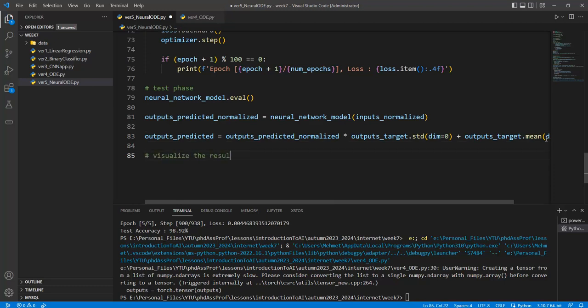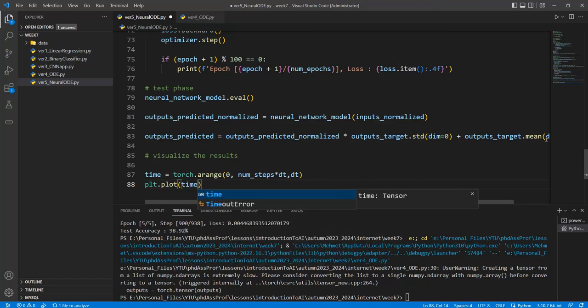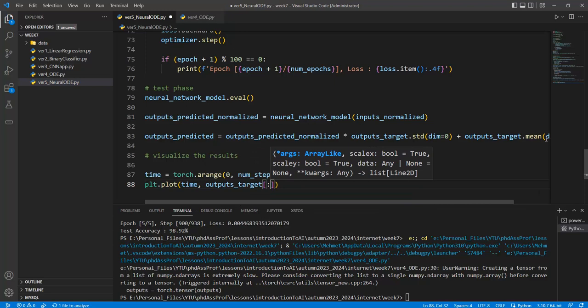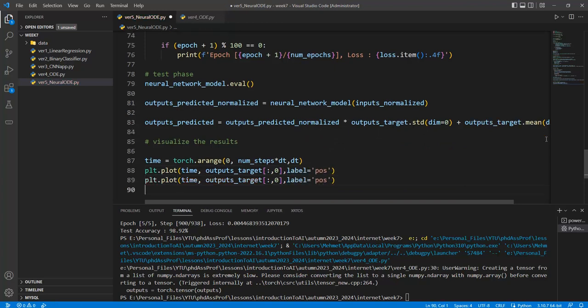So visualize the results. The time is equal to torch arange in here 0 to num steps times dt. Okay, and plt plot time, output targets first position, label true pose.